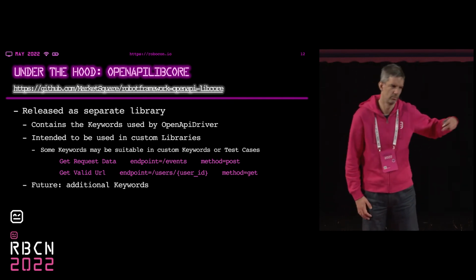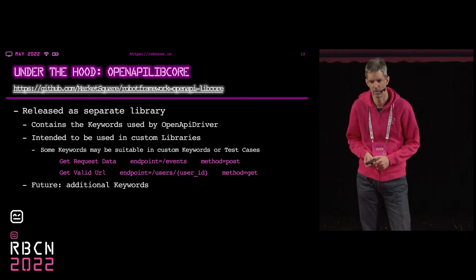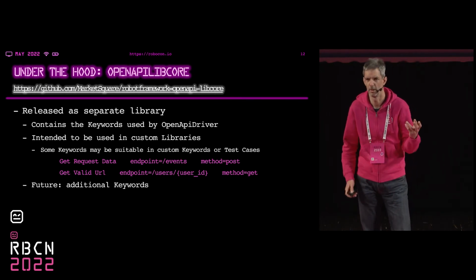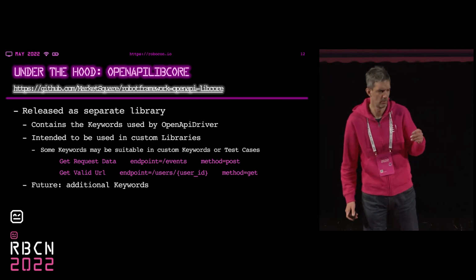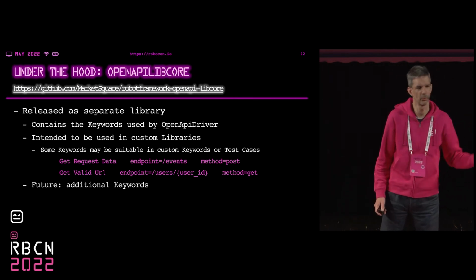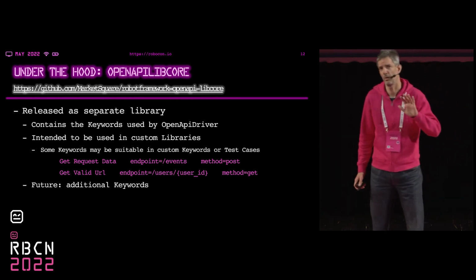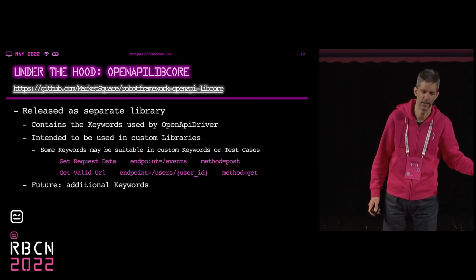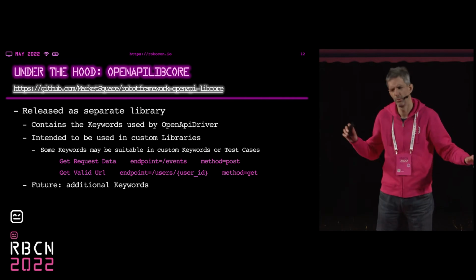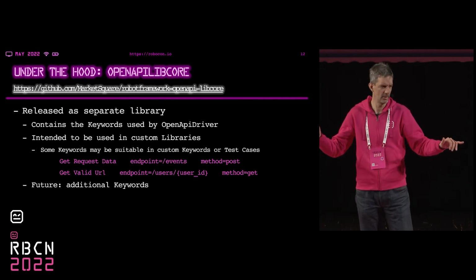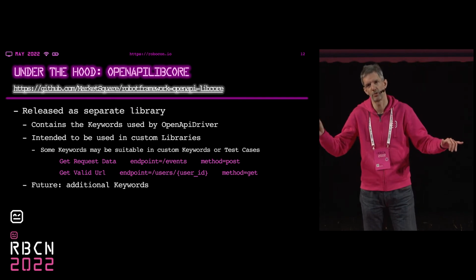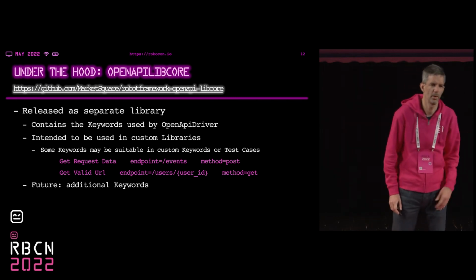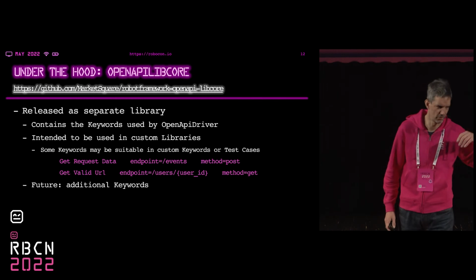Now this was recently released. I plan on some additional keywords, like things to do partial requests with providing specific partial data. So say I have a user that I need to post, and it has 10 properties that I need to provide. But I want to test login functionality for a new user that requires only the username. So why do I want to put in an age, date of birth, home address?